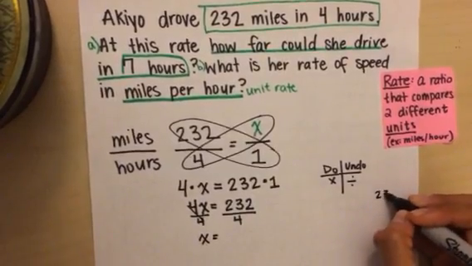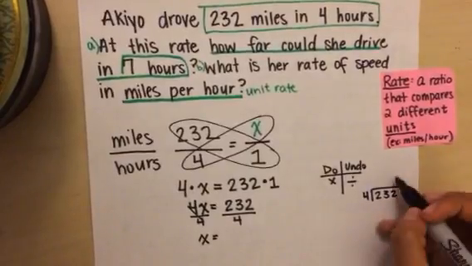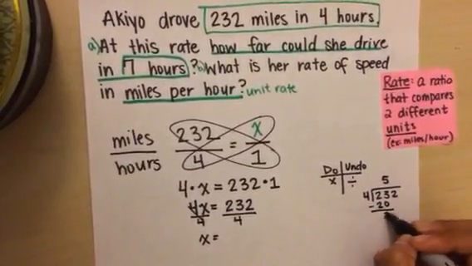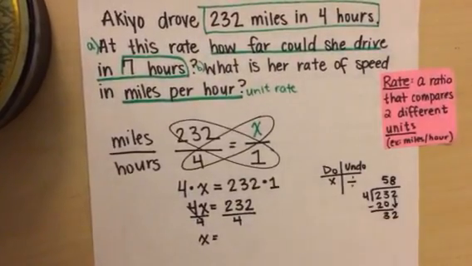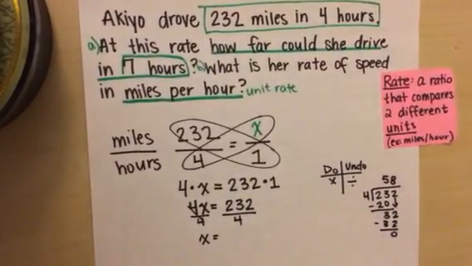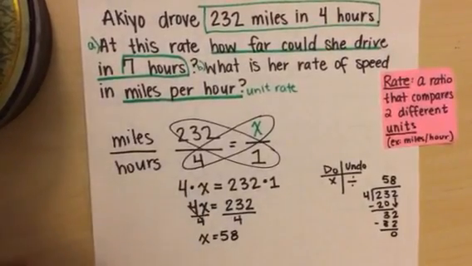So I'm going to divide both sides by 4. 4 divided by 4 is 1, which is going to give me just x, and x is equal to, let's move off to the side so we don't clutter our work, 232 divided by 4. 4 goes into 23 5 times. Bring down my 2. 4 goes into 32 8 times. No remainders, which means that x is equal to 58.